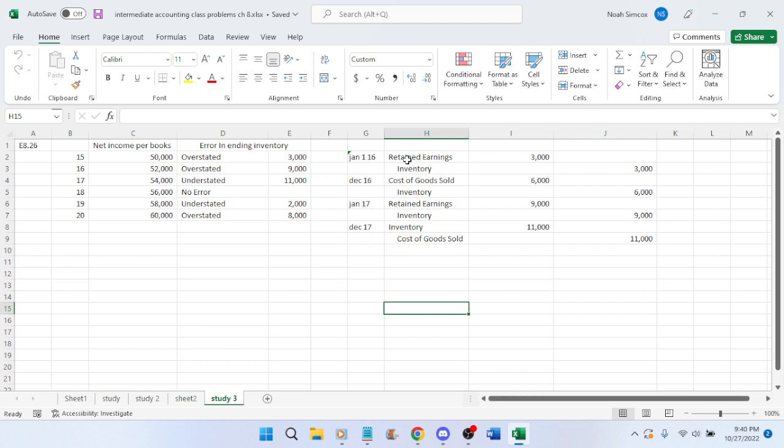Man, logic sucks. Okay. I'm not even going to think about it. I think I understand why this part is different from this part, because you hadn't fixed 2015 yet. 2015 is messed up. However, here you had already fixed the previous year.